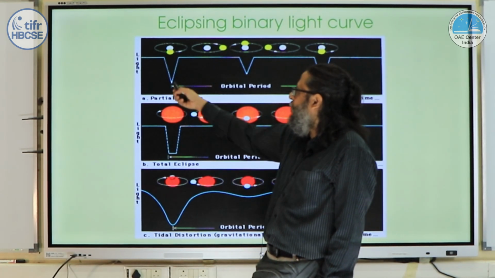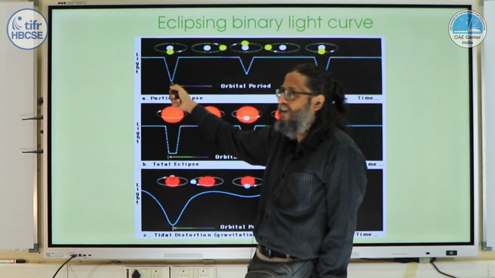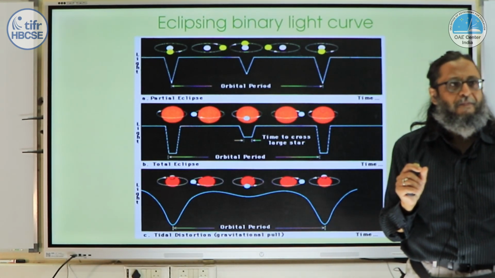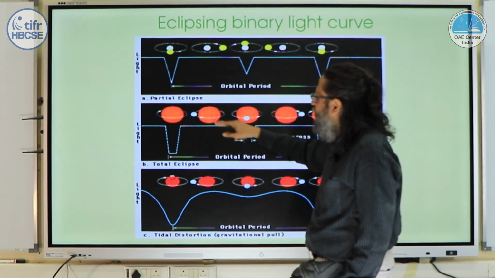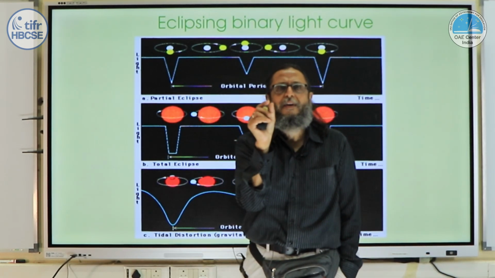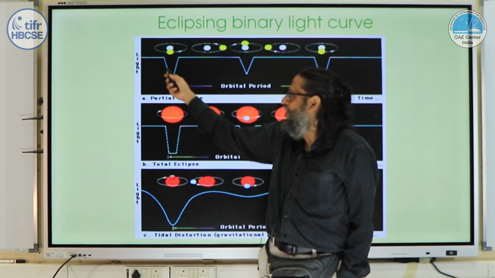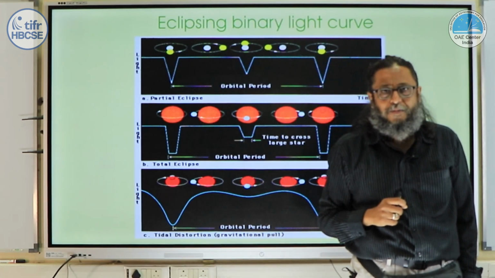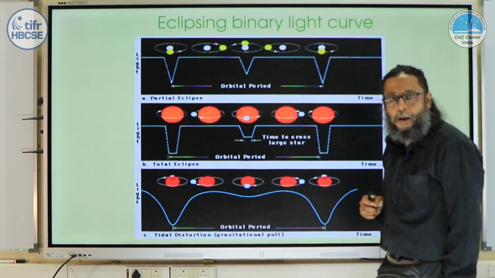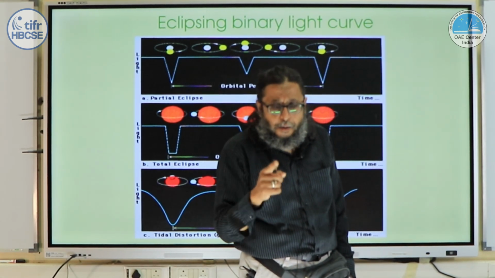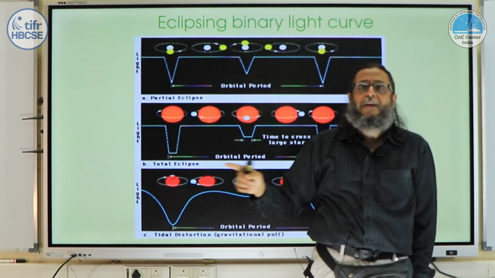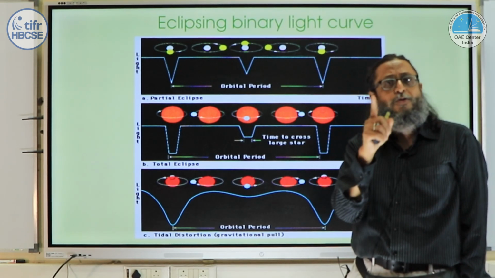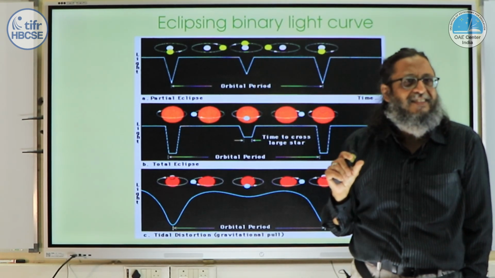It is because the point of second contact and the point of third contact are nearly the same, and hence the duration of the minima is nearly 0. The light curve is nearly triangular. But we can see that the spectral parameters will not be the same because the luminosities of the two stars are not exactly the same.